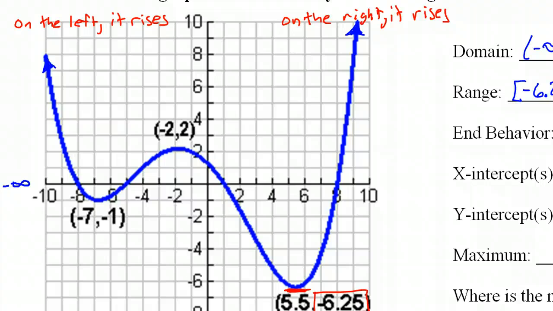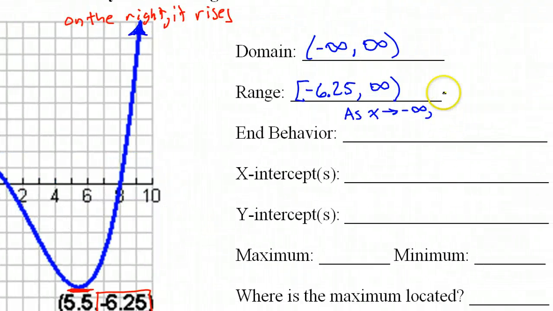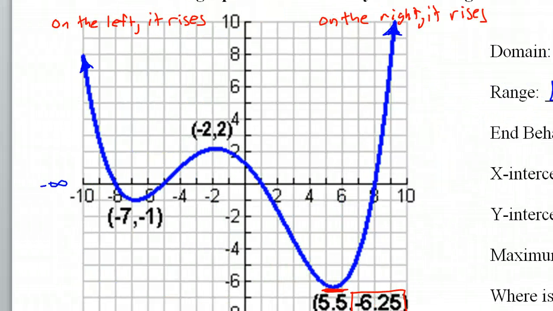Then what happens as x approaches negative infinity? We say f of x approaches. So far, everything I've written never changes. This means on the left, the function either rises or falls, or occasionally there's an asymptote, but we'll talk about that another time.